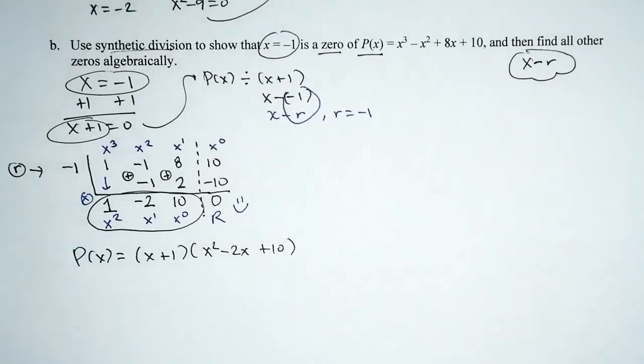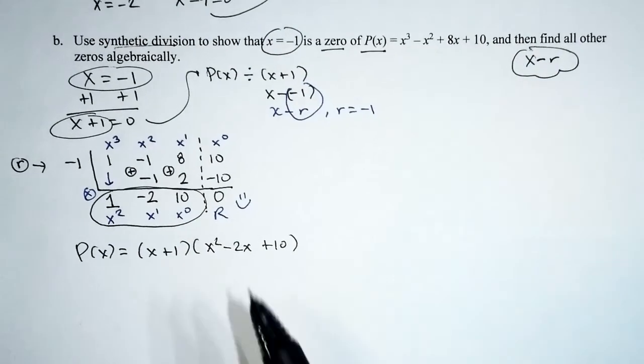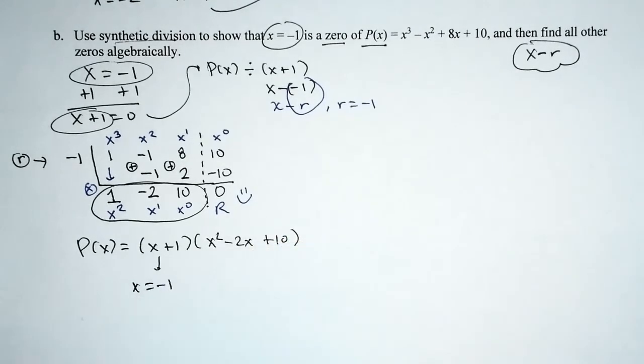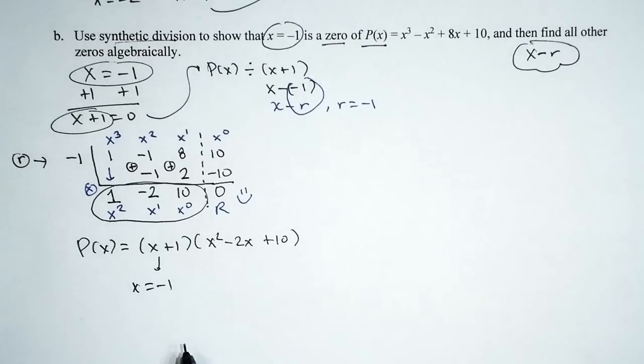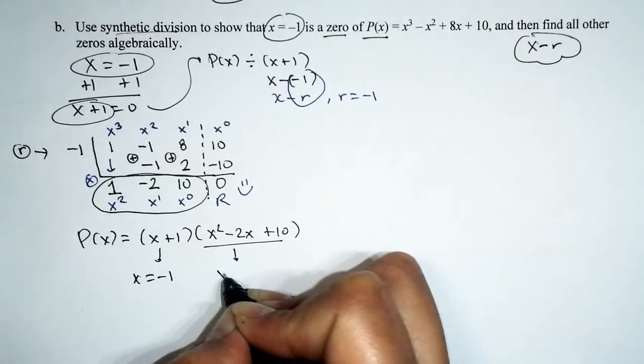The degree is 3, so we're expected to have 3 zeros. The first factor leads to a zero of -1, but that one was already given. This is why the problem says find the rest algebraically. To find the rest of the zeros, let's take that second factor and set it equal to 0.